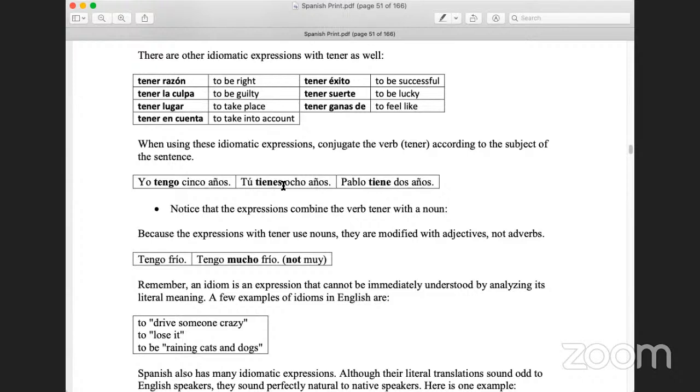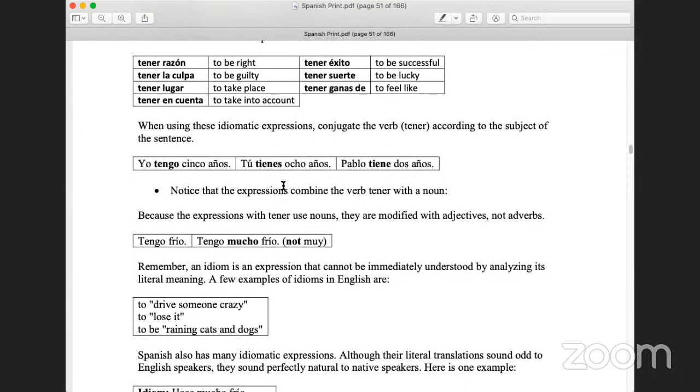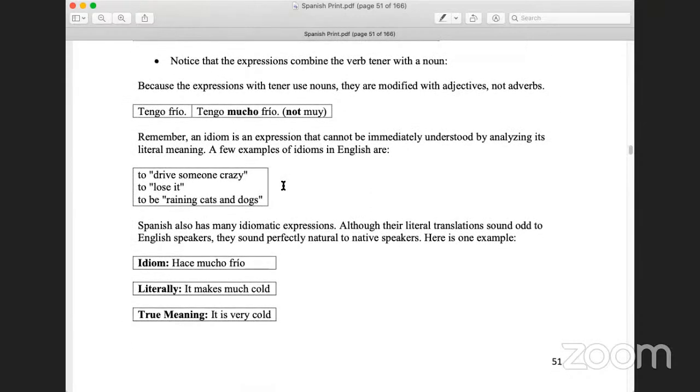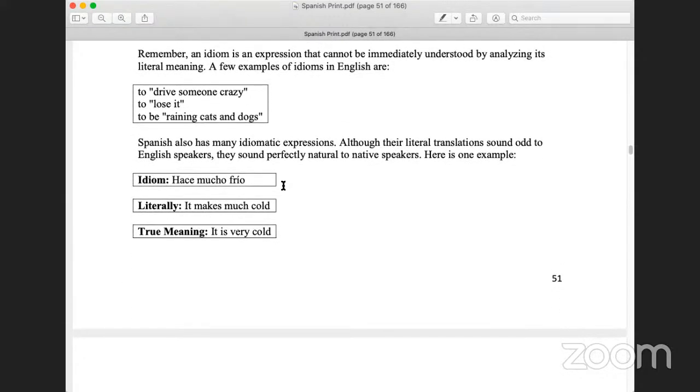Remember, an idiom is an expression that cannot be immediately understood by analyzing its literal meaning, which right there, I have cold. A few examples of idioms in English are to drive someone crazy, to lose it, to be raining cats and dogs. Spanish also has many idiomatic expressions, although their literal translations sound odd to English speakers, they sound perfectly natural to native speakers. Here's one example. Idiom, hace mucho frío, is very cold. That's the true meaning.